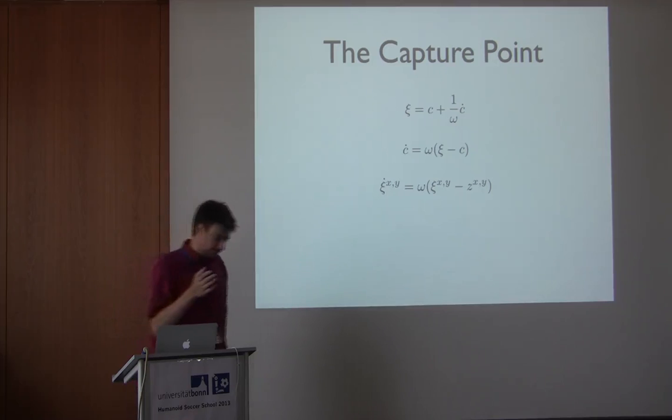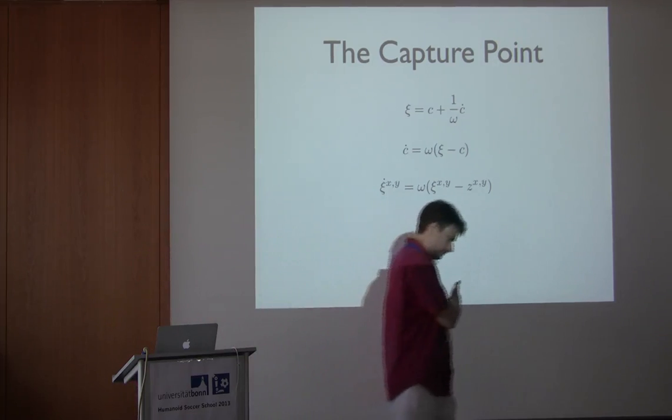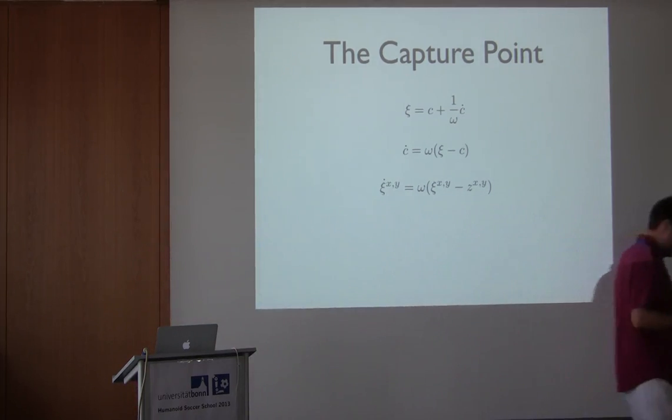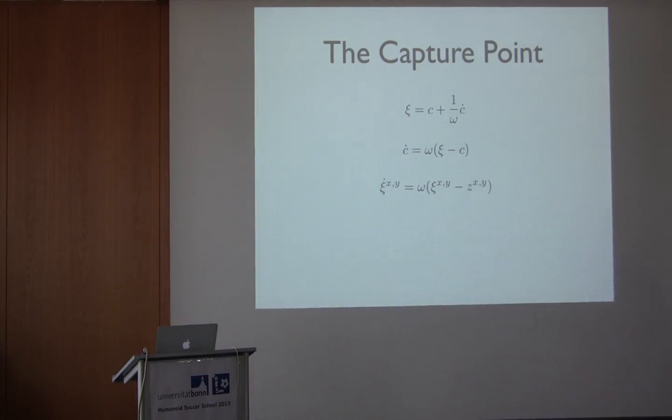Now, as we know, the best way to adapt to perturbations is by making a step. It's not by trying to fight against the perturbation. You are very limited either by using the center of mass, but then if you push enough, you are going to fall in that direction anyway.